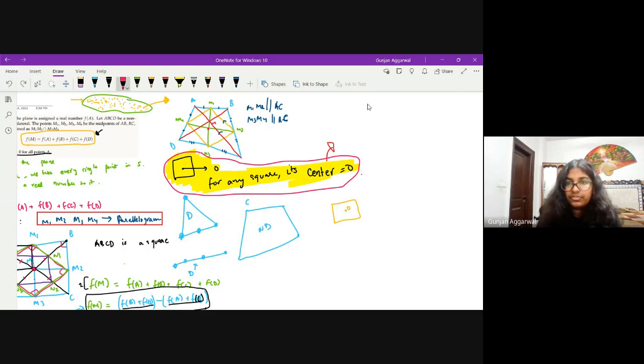Let's say you want to prove some specific point A equals 0. You want to prove f of a equals 0. So take point A, then you take a random line through A, draw a perpendicular line to it, and complete a square.